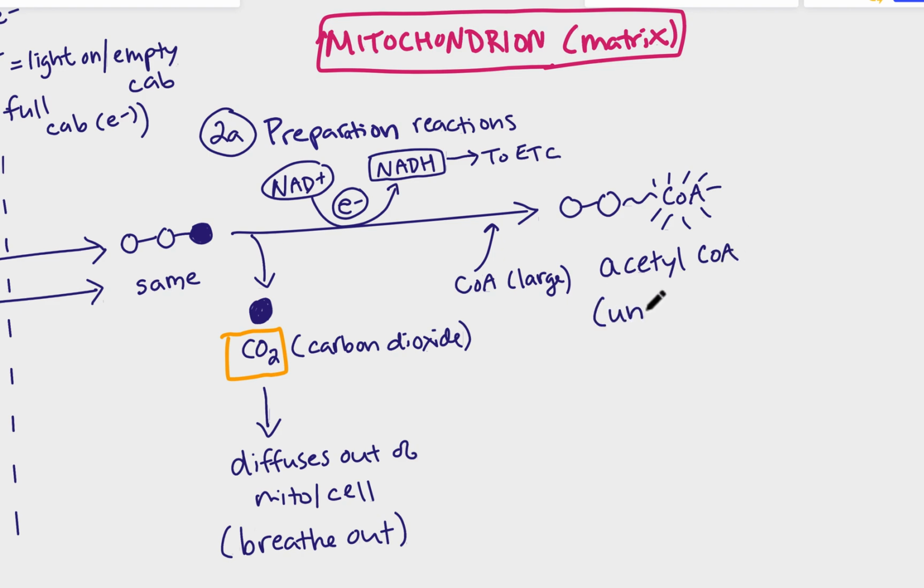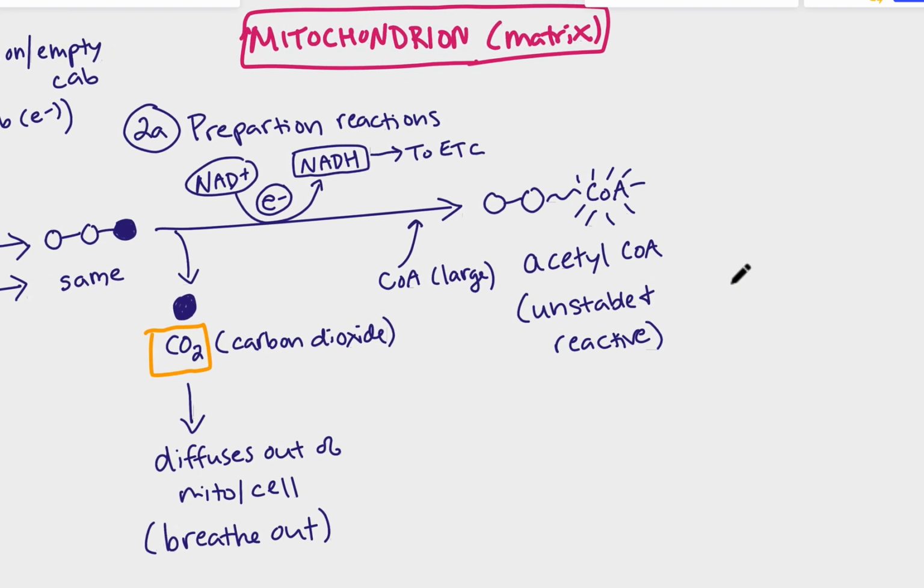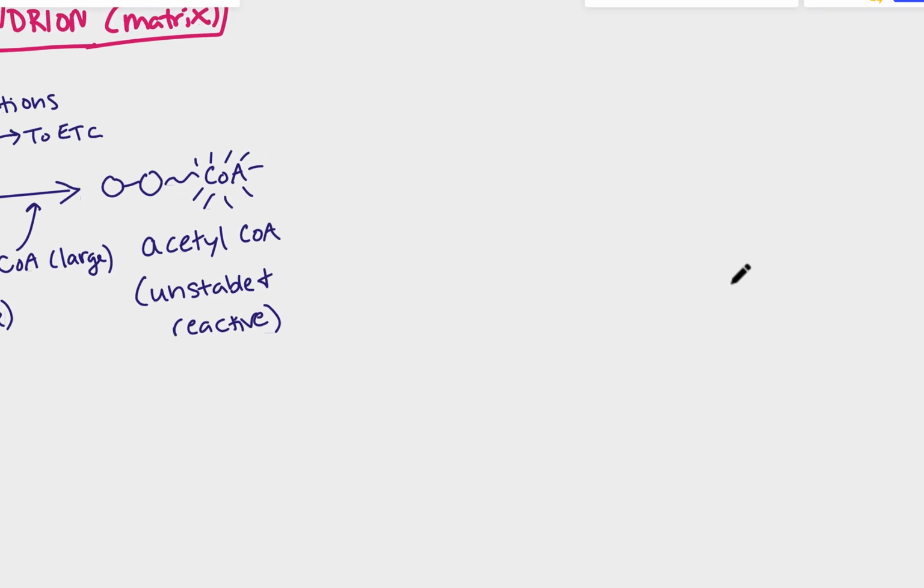And we'll remind ourselves that it's unstable and reactive. So that's good because it gets it to be able to go into the last part of the carbon story, what's called 2B, the citric acid cycle.